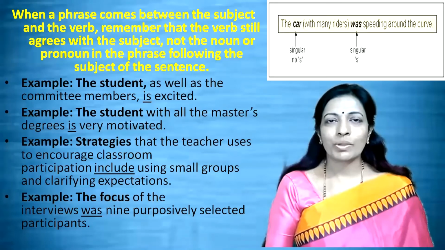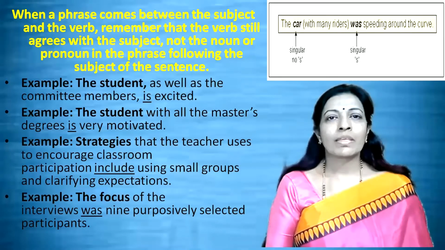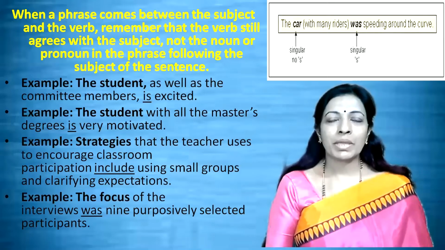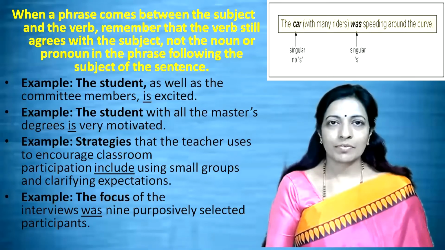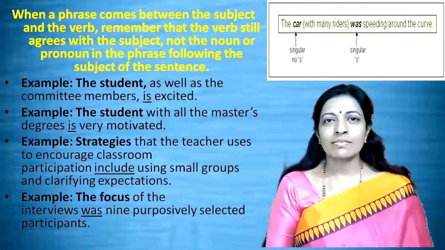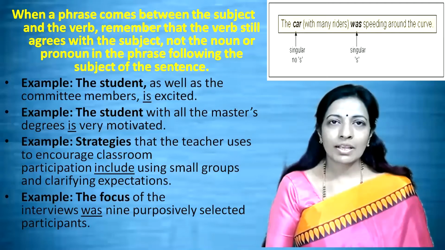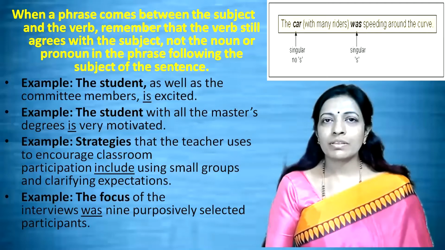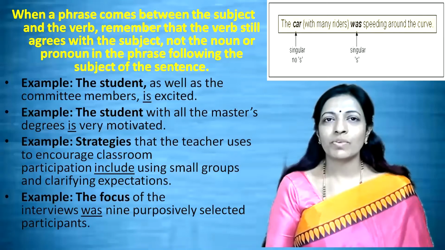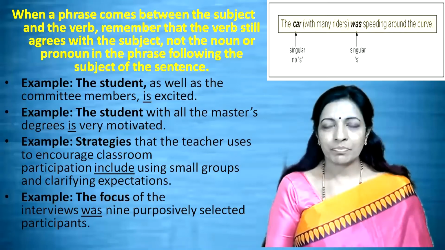Similarly, let us look at another example. The car with many riders was speeding around the curve. In this sentence, the subject is the car. The verb is was. The phrase with many riders is being used between the subject and the verb.